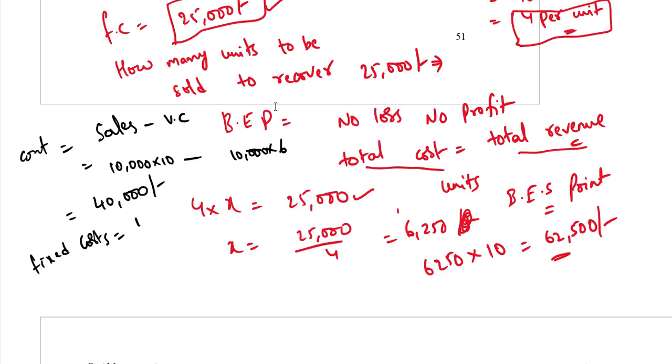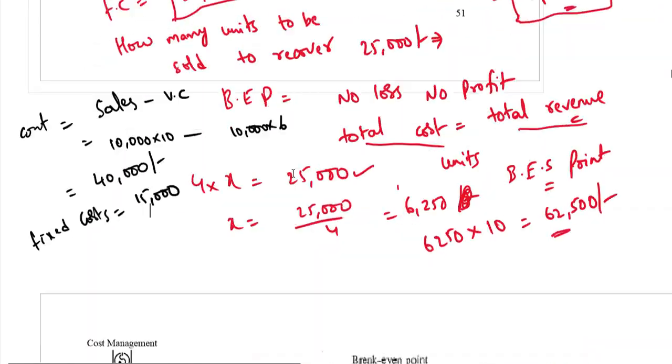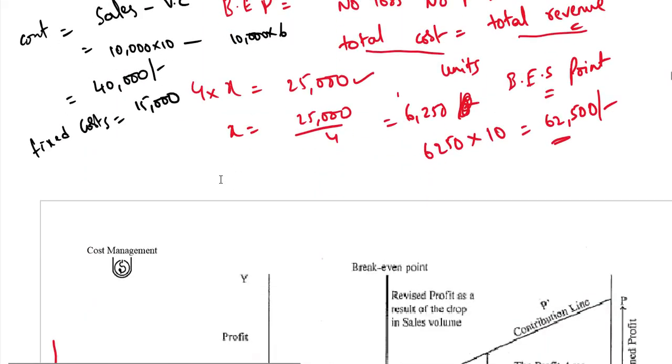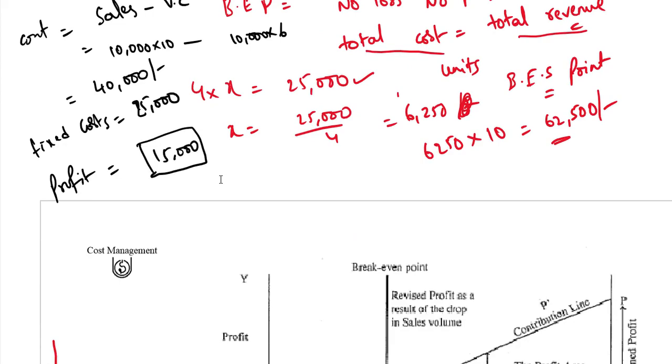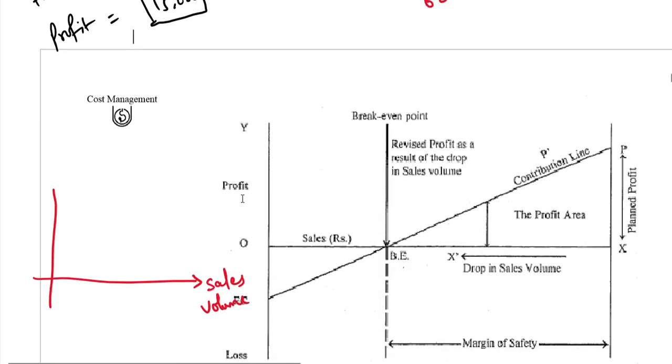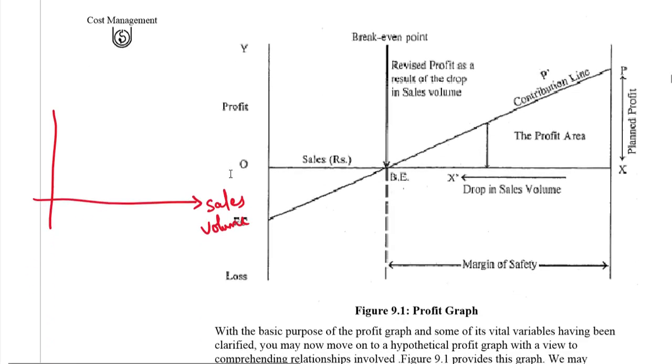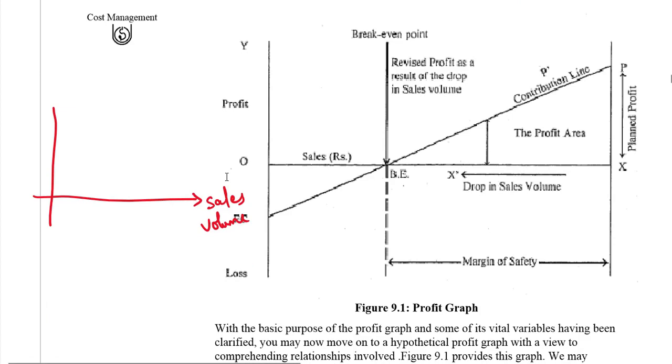Sorry, fixed costs are 25,000. Therefore, profit equals 15,000 rupees. For the given data, the projected profit will be 15,000 rupees. Now we are plotting sales volume to the profit.